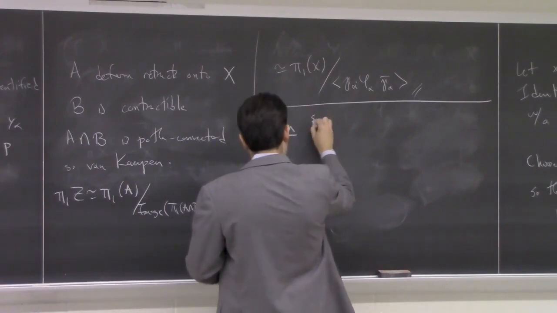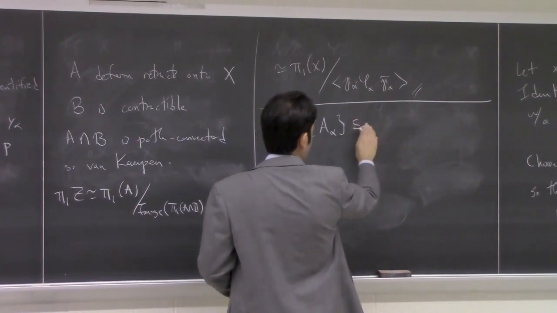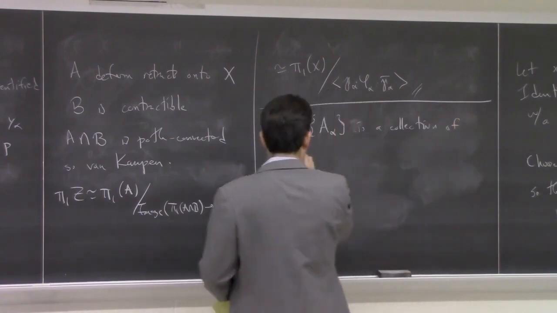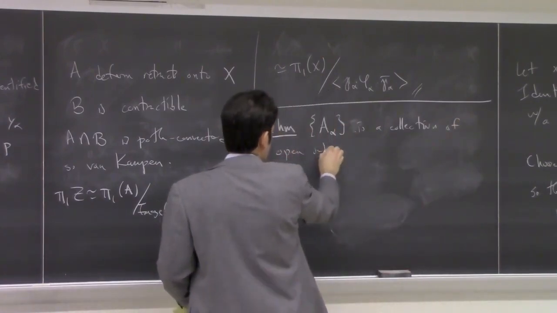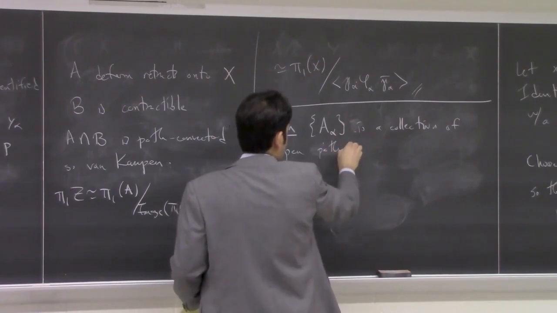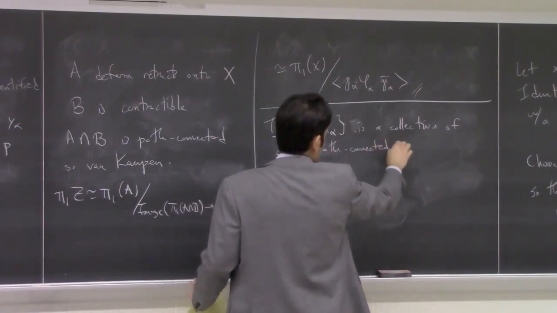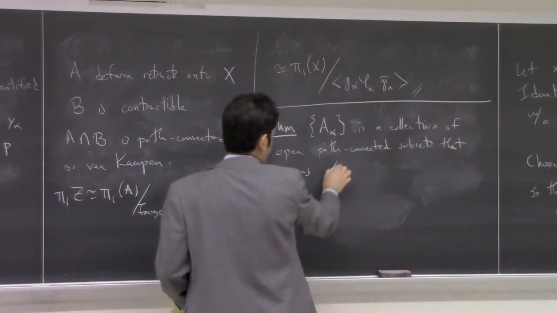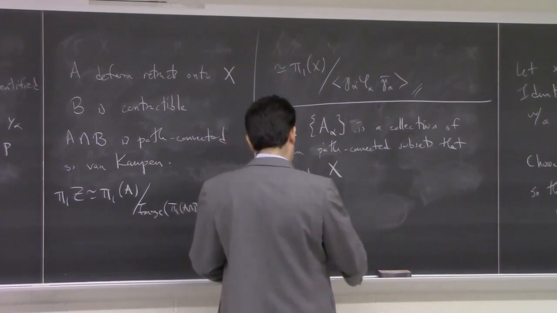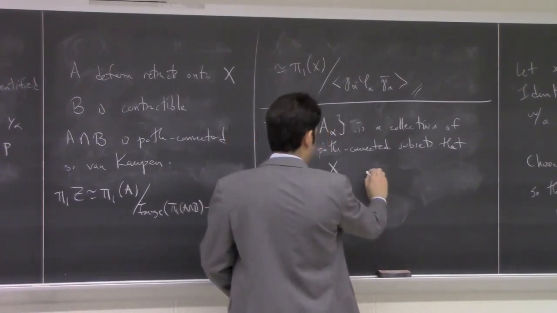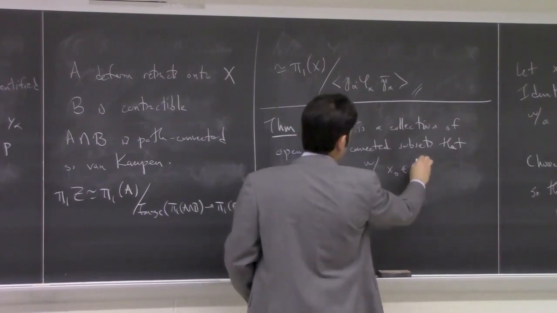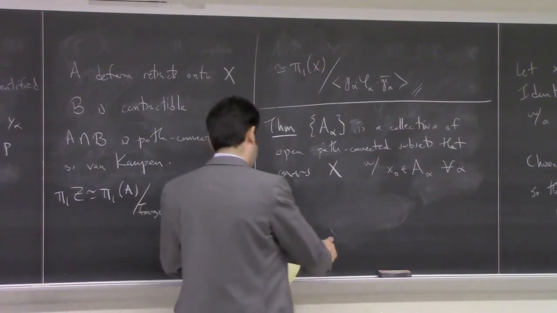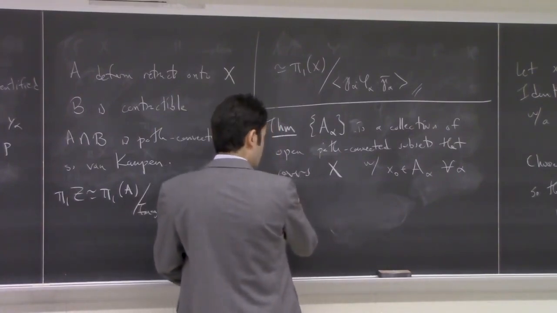So suppose that A alpha is a collection of open, path-connected subsets that covers X with some base point contained in all of them.